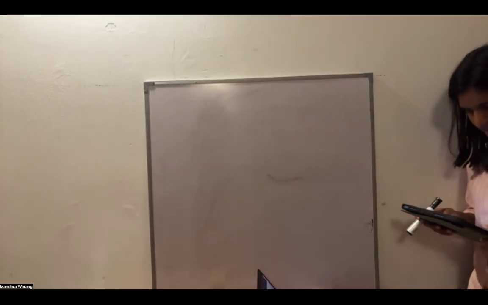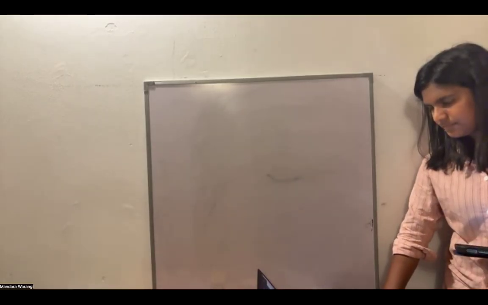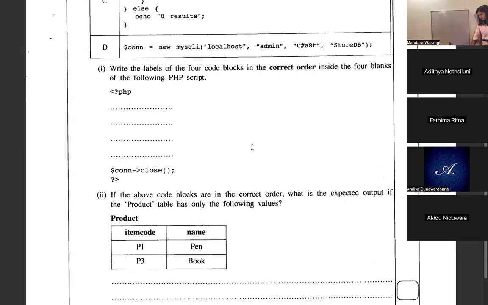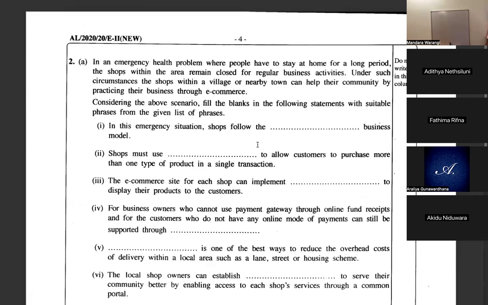Then let's go to the next part. Next part is about e-commerce, right? In an emergency health problem where people have to stay at home for a long period, the shops within the area remain closed for regular business activities.